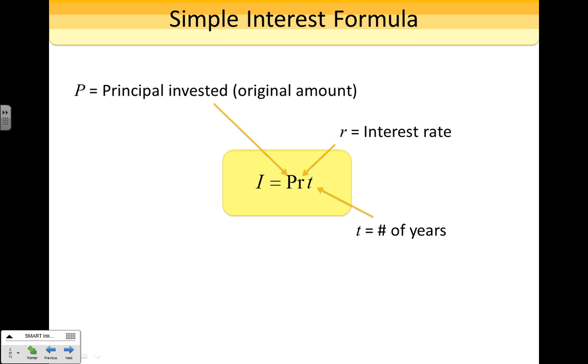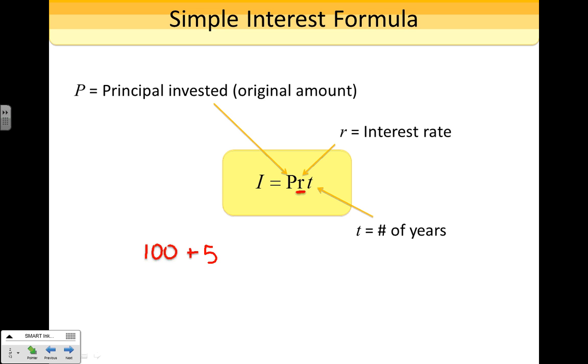So for example, if I put $100 into a bank account, at the end of the year, if I still just have $100, they will pay me however much interest depending on my interest rate. So let's say our interest rate was 0.05.